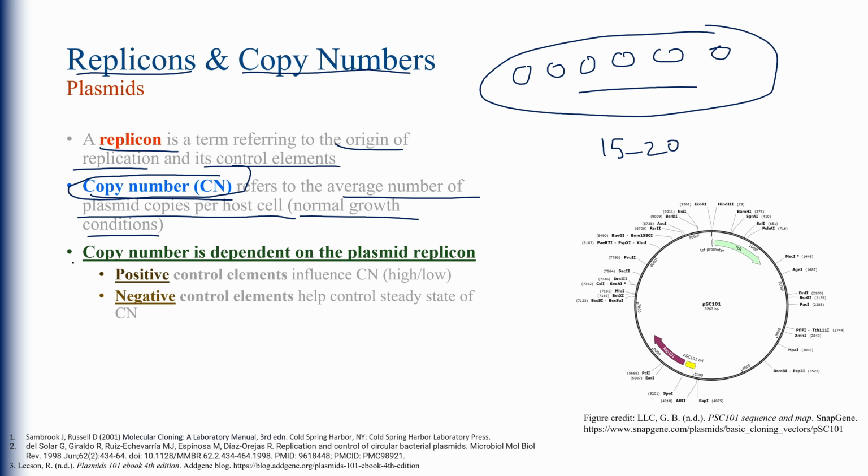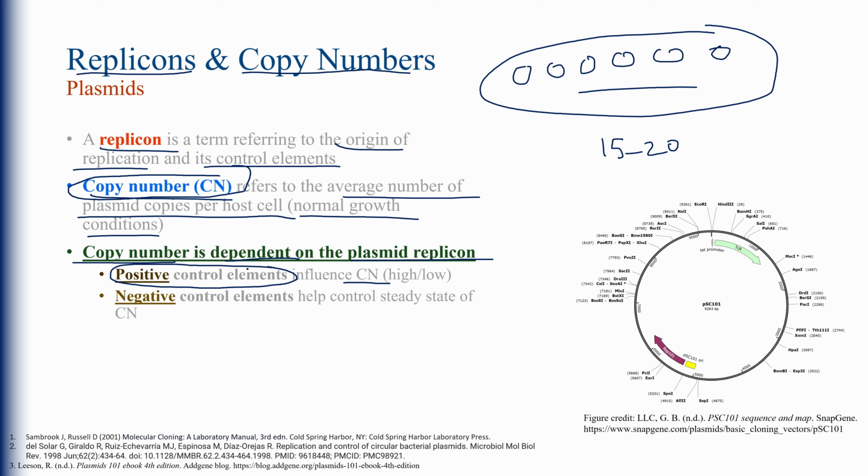And more specifically, when we talk about the copy number, it is dependent on the plasmid's replicon in these ways. First, when we refer to whether the copy number is high or low, then this depends greatly on the positive control elements. More specifically, the positive regulatory molecules that regulate replication of the plasmid that I discussed earlier. These will influence copy numbers. So they could be RNA or they could be proteins.